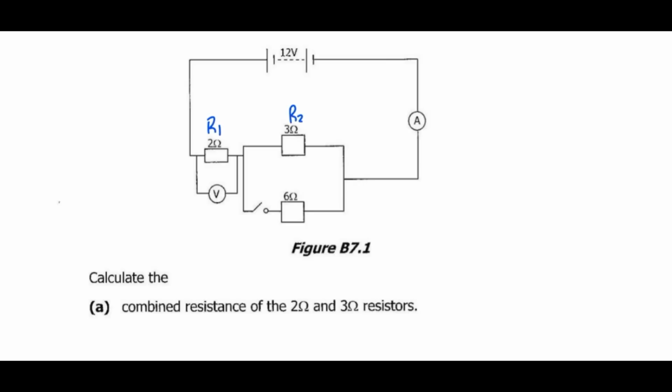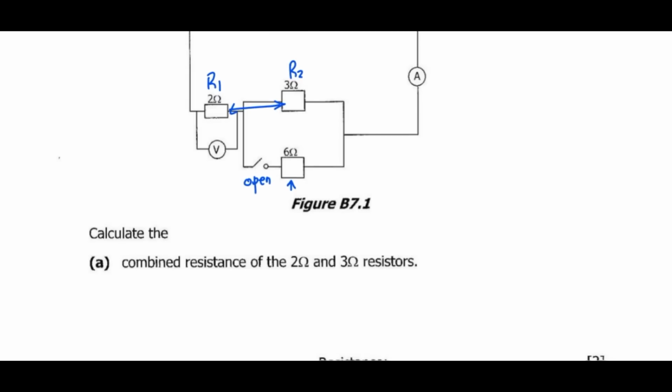So we can see that the switch is open. So this means that this resistor is disconnected. If this resistor is disconnected, no current is passing through resistor 6. If that is the case, then we are dealing with the two resistors connected in series. So how do we find a combined resistor? It's simple.